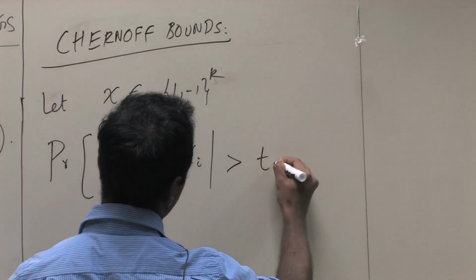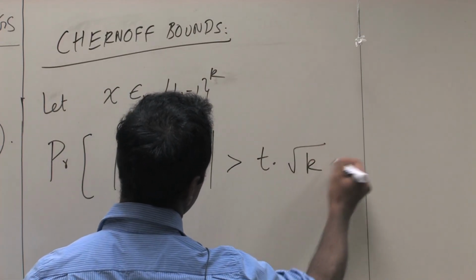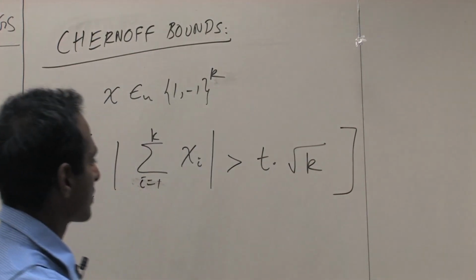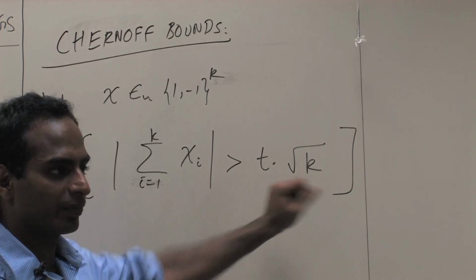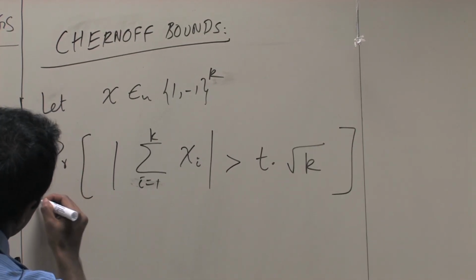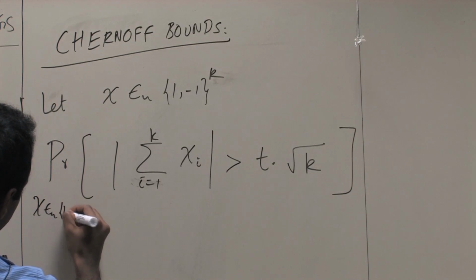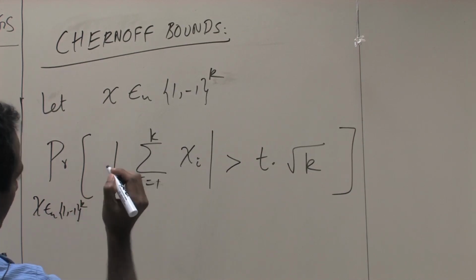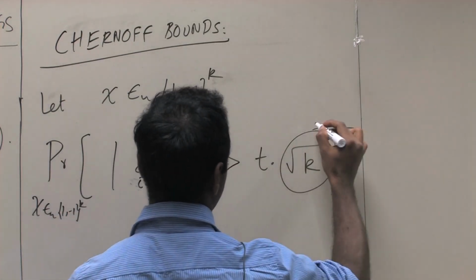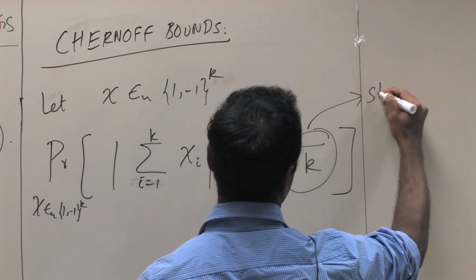So I want to bound the probability that the sum is much more than square root of k. Okay. So this is chi is uniformly random, and square root of k here is the standard deviation.